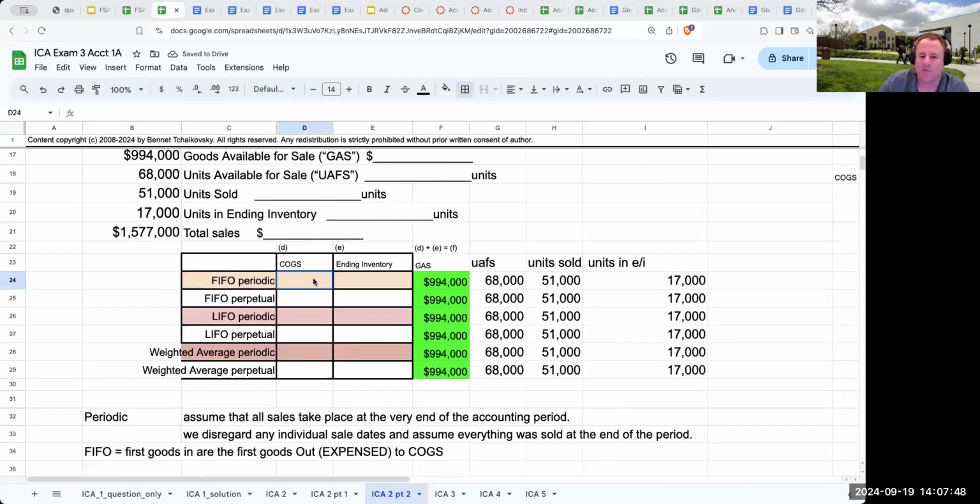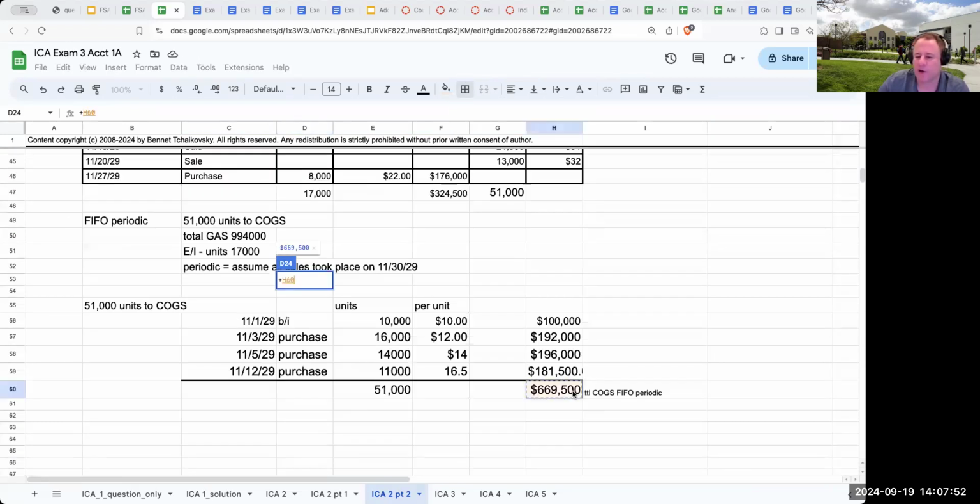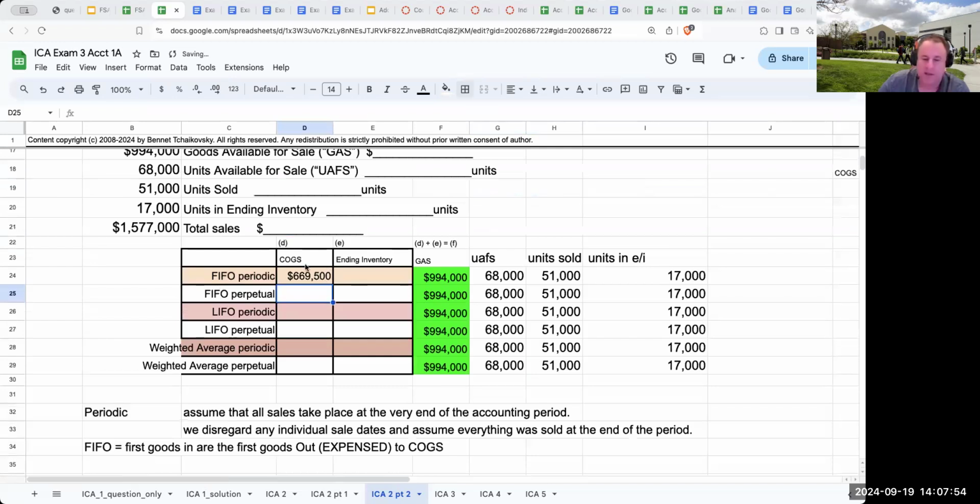Now, if my cost of goods sold is 669,500 and my total goods available for sale is 994, then my ending inventory must be goods available for sale minus my cost of goods sold of 669,500, or 324,500 for my ending inventory.